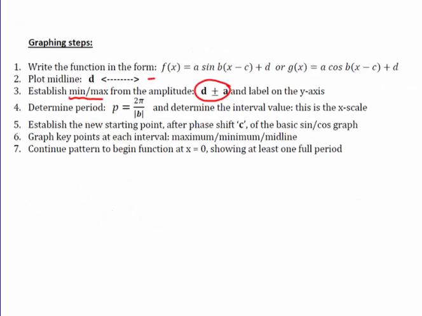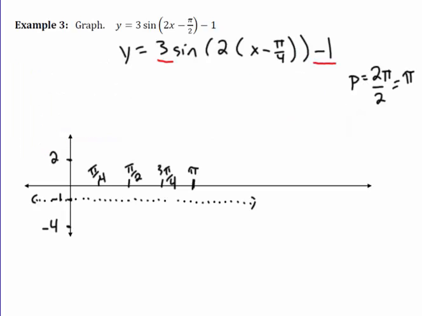Now we want to find out where this new starting point is after the phase shift. If we look at a basic sine graph, it looks like this. We're trying to figure out what happens to this starting point after the phase shift. Well, this starting point has a phase shift of pi over 4 and a vertical shift of -1.